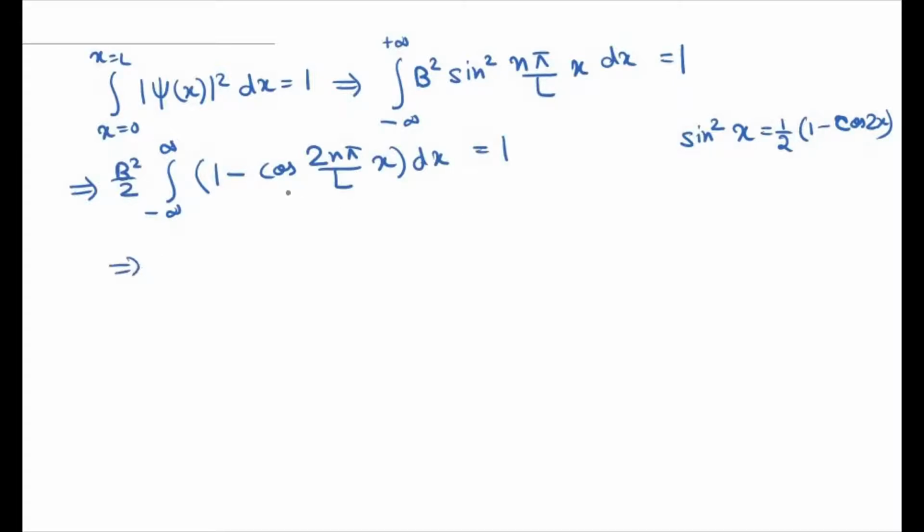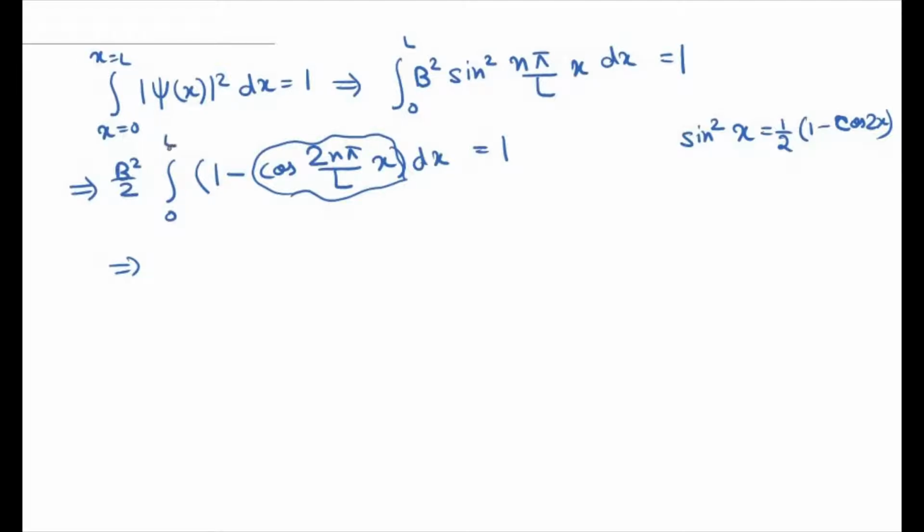Now the integral of this part is basically 0. You can check it out, it's not difficult. The integral of cos x is basically sin x, and if you put the boundary condition, sorry, we have made another mistake over here, so this should be from 0 to L. If I put the boundary conditions from 0 to L, this part should be 0.